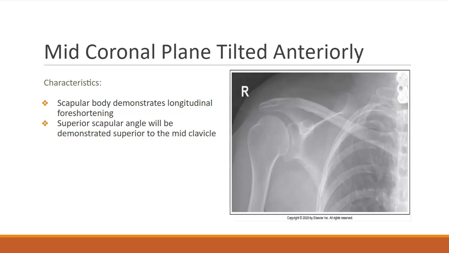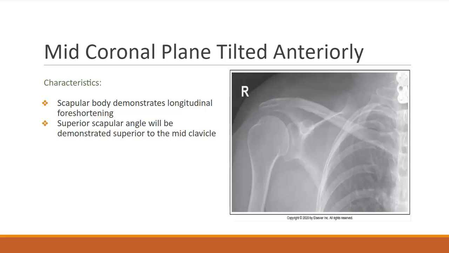So let's discuss the effects of mid-coronal plane tilt in the AP projection of the shoulder. When the upper mid-coronal plane is tilted anteriorly, the scapular body will exhibit longitudinal foreshortening.